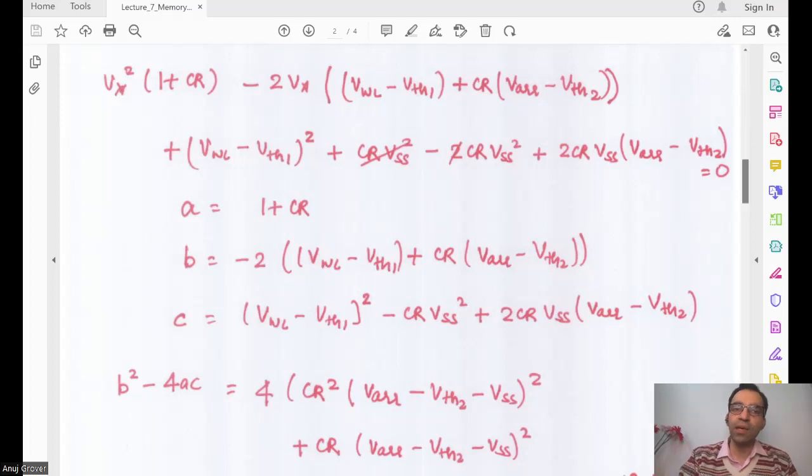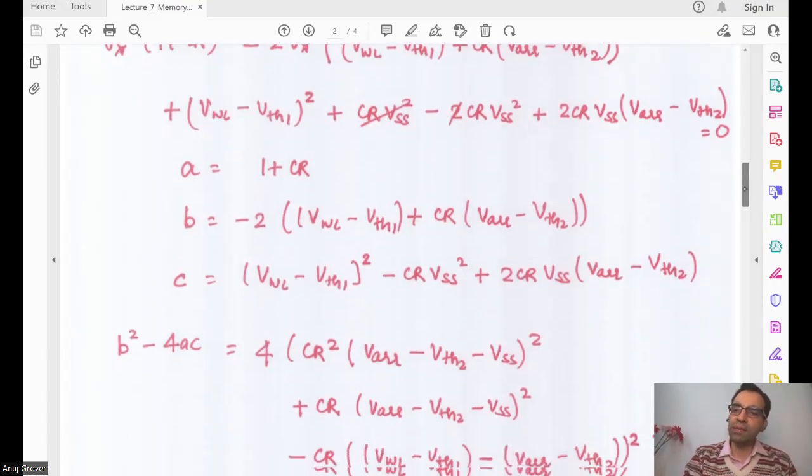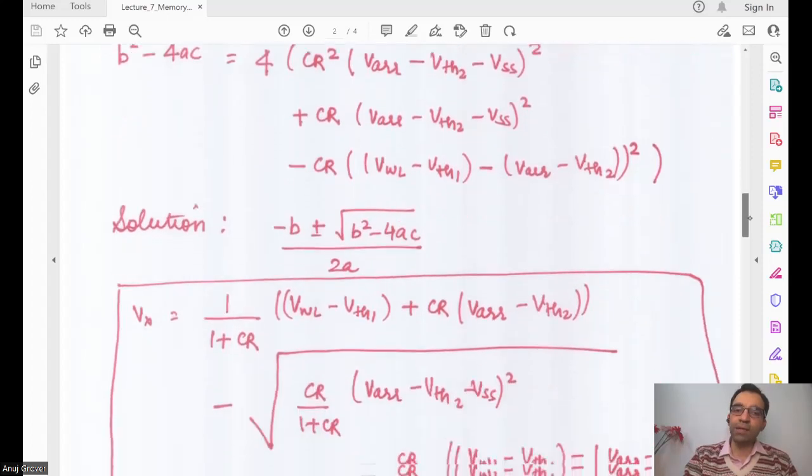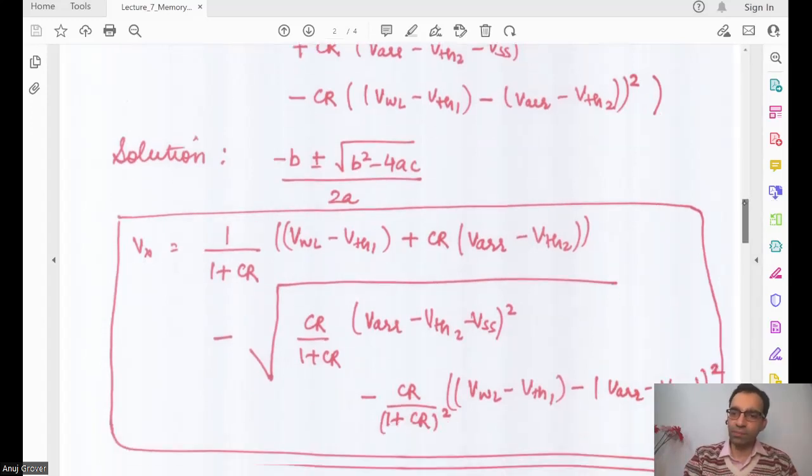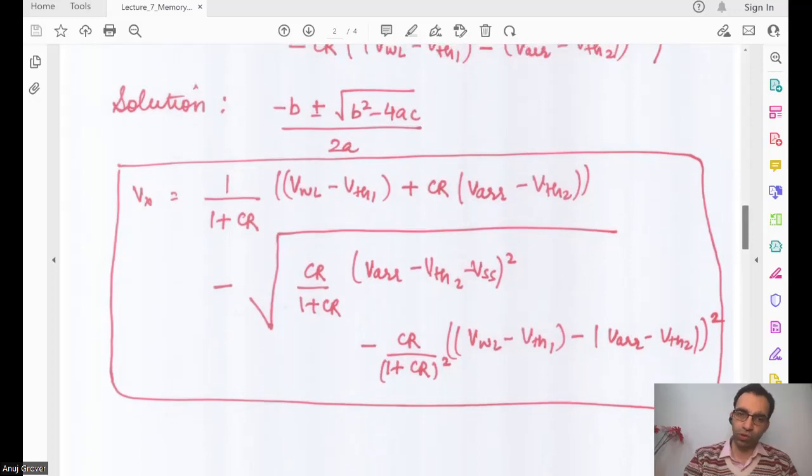In your analysis, since we have a quadratic equation, we simply look at what is the A, what is the B, what is the C, and we estimate the solution as minus B plus minus the square root of B squared minus 4AC, by 2A. Given this, we arrive at the solution for Vx, which is in this kind of quadratic form. Are you able to see this?